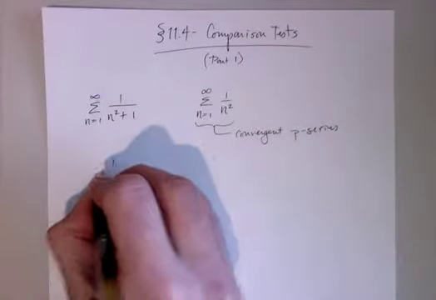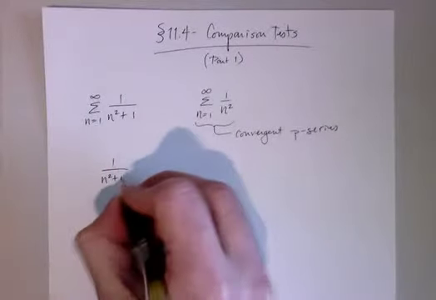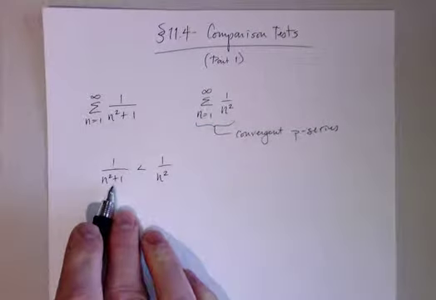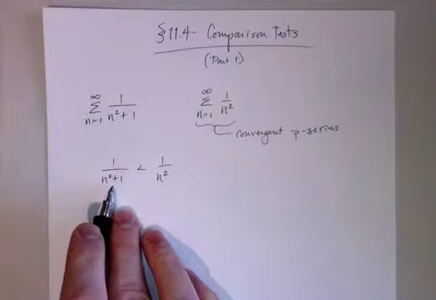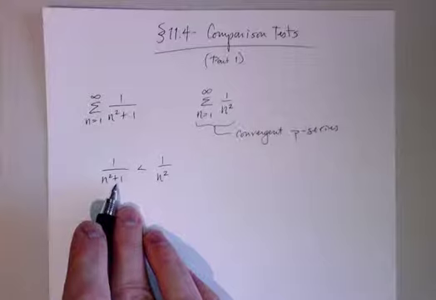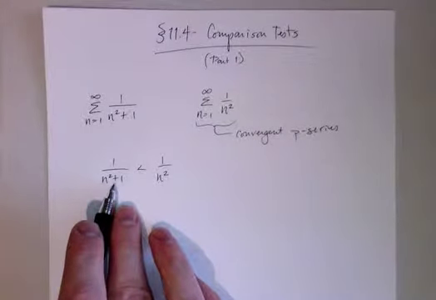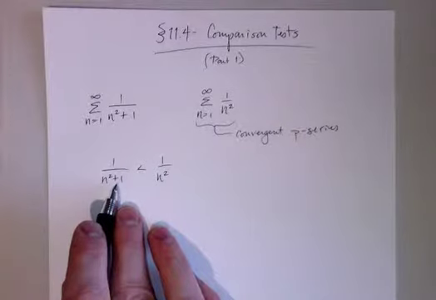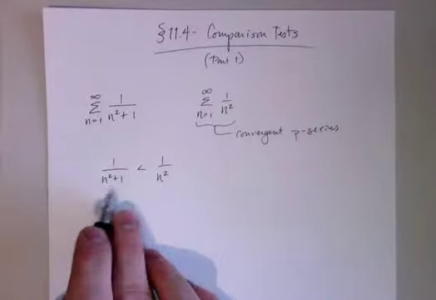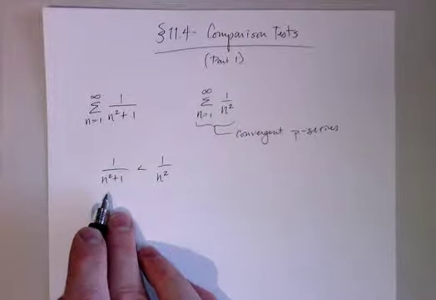And here's the thing, this actually is always smaller than 1 over n squared because a larger denominator is one way in which you make a ratio smaller. Larger the denominator, the smaller the value. And since this denominator is always going to be one larger than this denominator, I know that this quantity is always going to be smaller, okay?